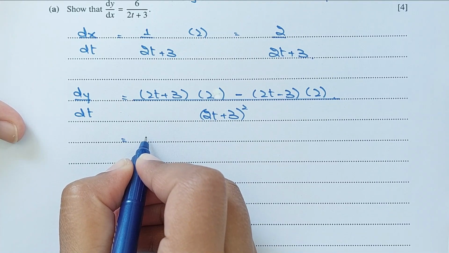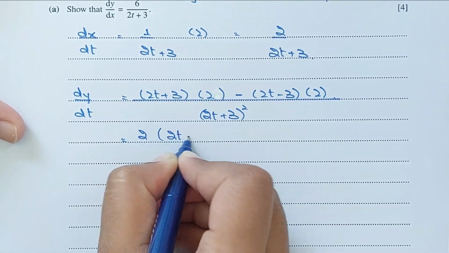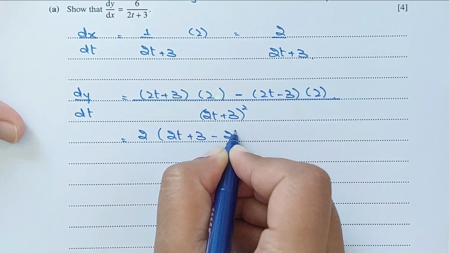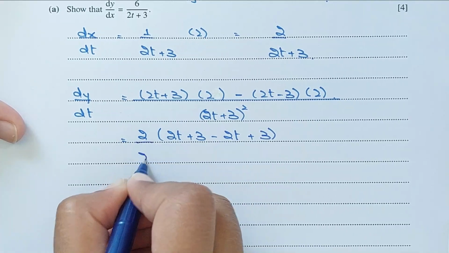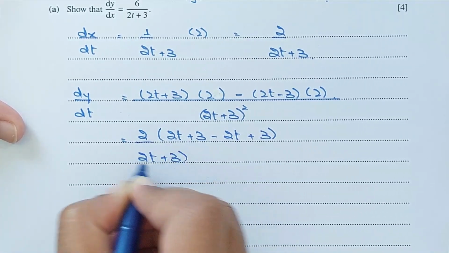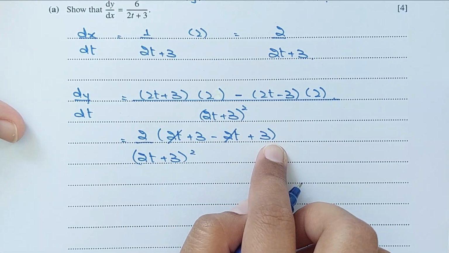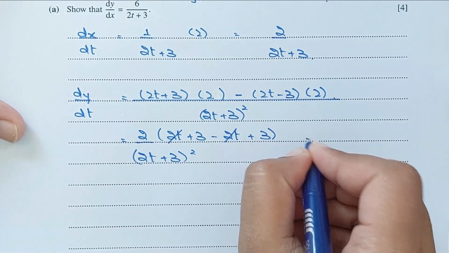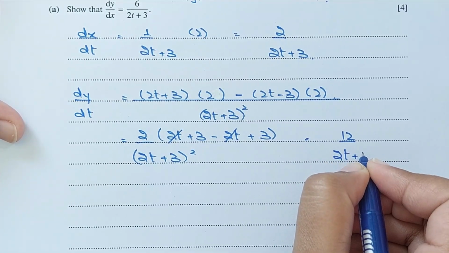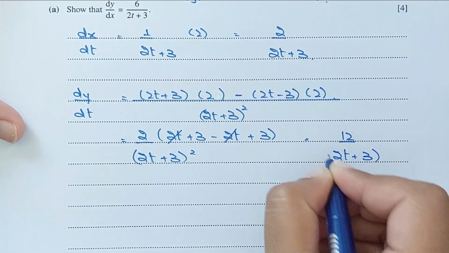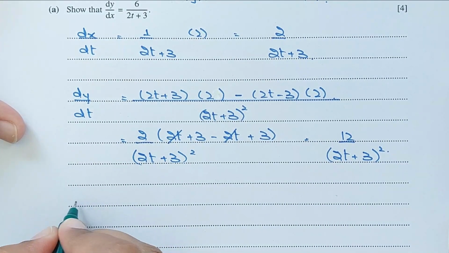Let me simplify this further. If we take 2 outside, we have 2t plus 3 minus 2t plus 3. These 2's are outside, and this is divided by 2t plus 3 whole squared. 2t and minus 2t cancel. This is 3 plus 3 makes 6, and 6 times 2 is 12. 12 over 2t plus 3 whole squared. Now let me apply the chain rule.